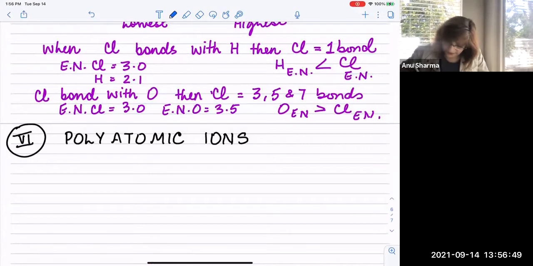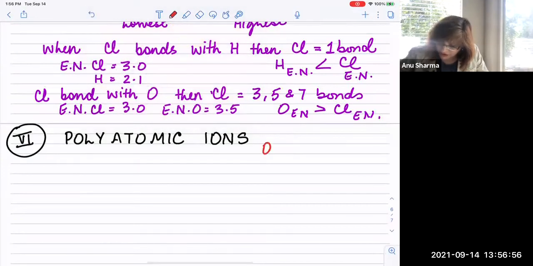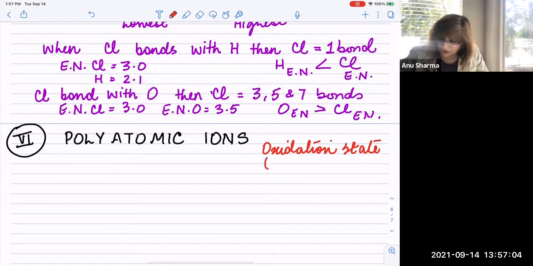Here is the concept of maximum. This is the oxidation state. Oxidation state means when it's bonded with oxygen.